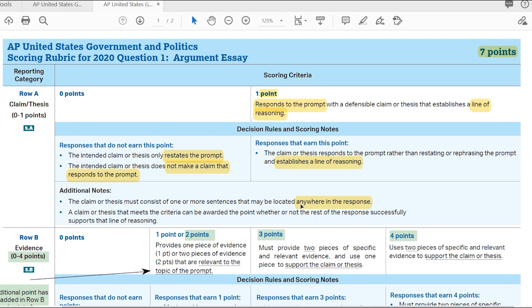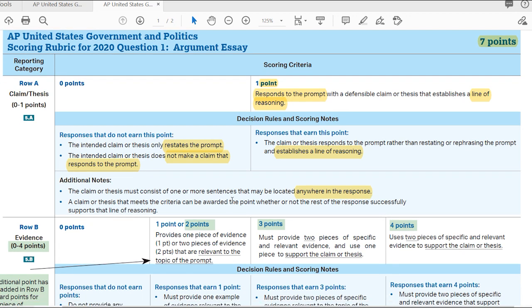But we're going to practice doing ones that are formulaic so that you can all make sure that you get those points. Okay, secondly, a claim or thesis that meets the criteria can be awarded the point whether or not the rest of the response successfully supports that line of reasoning. So your thesis statement is an island unto itself. If you write it correctly, you're going to get the point. So be aware of that.